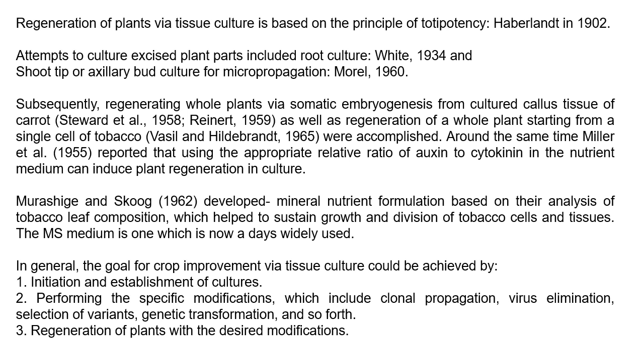These were accomplished, and around the same time Miller et al. in 1955 reported the appropriate relative ratio of auxin to cytokinin in the nutrient medium that can induce plant regeneration in culture. What are auxins and cytokinins? These are plant growth hormones, or plant growth promoters.